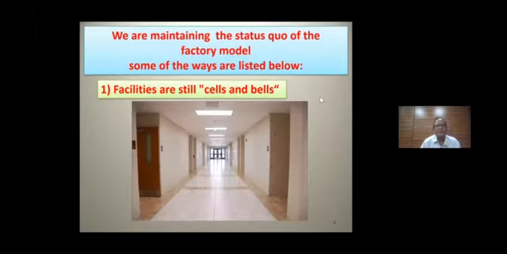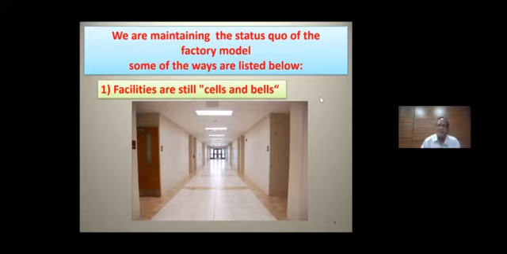Next. Now, if you look at the existing model of our education, experts call it the cells and bells model. Why cells and bells? Cells means classrooms are on either side of the veranda, one after another.